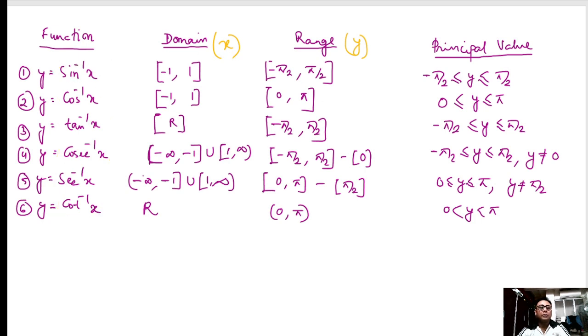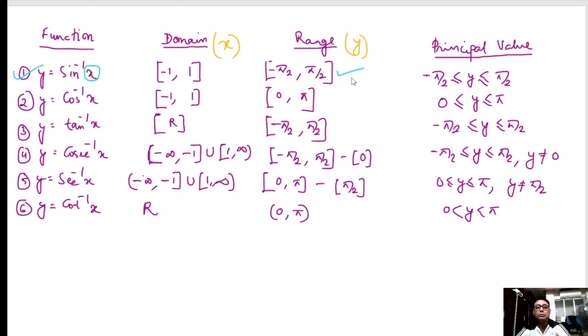So first of all, y equal to sine inverse of x. Please note here that I can put the values of x from -1 to +1. Please take care. I can put the values of x from -1 to +1, and I will get the values of y from -π/2 to π/2.